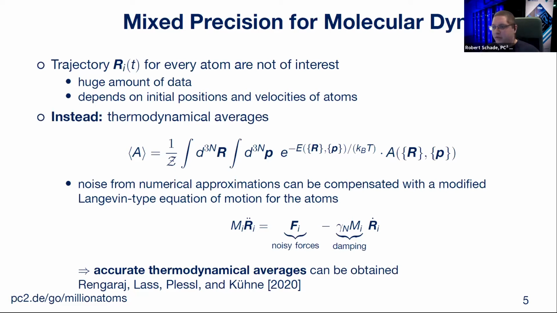If you have 60 million atoms and in every time step, or in every few time steps, actually store the position, that's a gigantic amount of data. And obviously it depends on the initial position and velocities of the atoms, which makes interpretation pretty cumbersome. Instead, we're actually interested in the so-called thermodynamical averages, which are given here. In essence, they're just integrals over the phase space in position and momentum space.